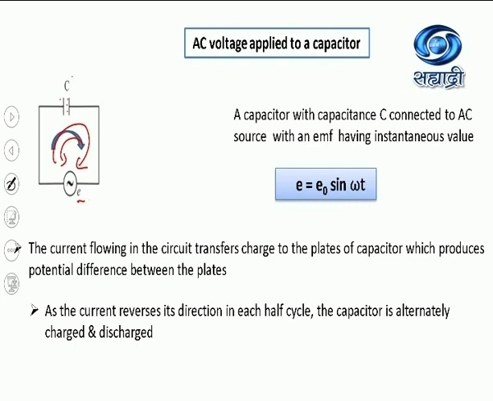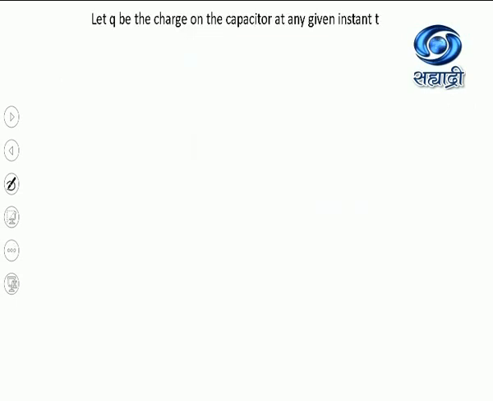We can see very clearly that when the current is flowing in one direction, the capacitor is getting charged with one polarity, say the right plate will have negative charge and the other plate will have positive charge. In the next half cycle, when the current flows in the opposite direction, the capacitor will get discharged. So charging of the capacitor is in one half cycle, and discharging of the capacitor is in the next half cycle.